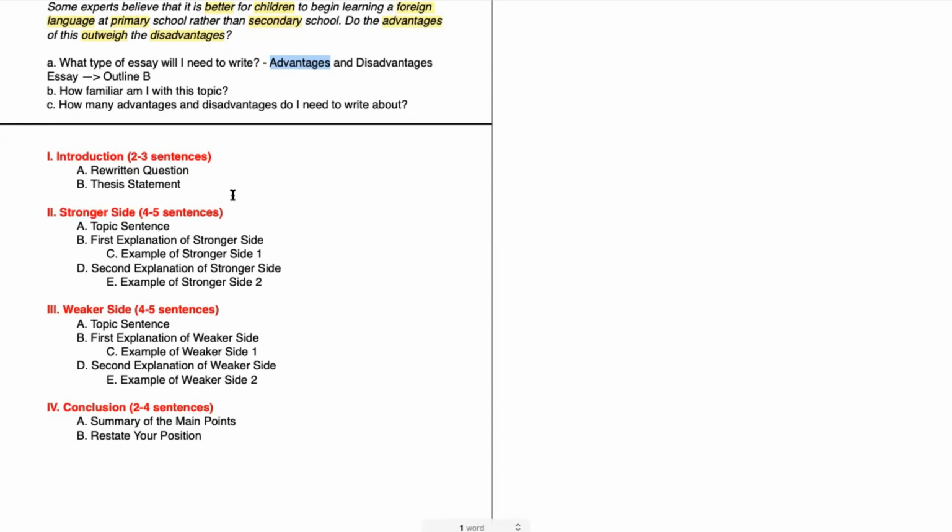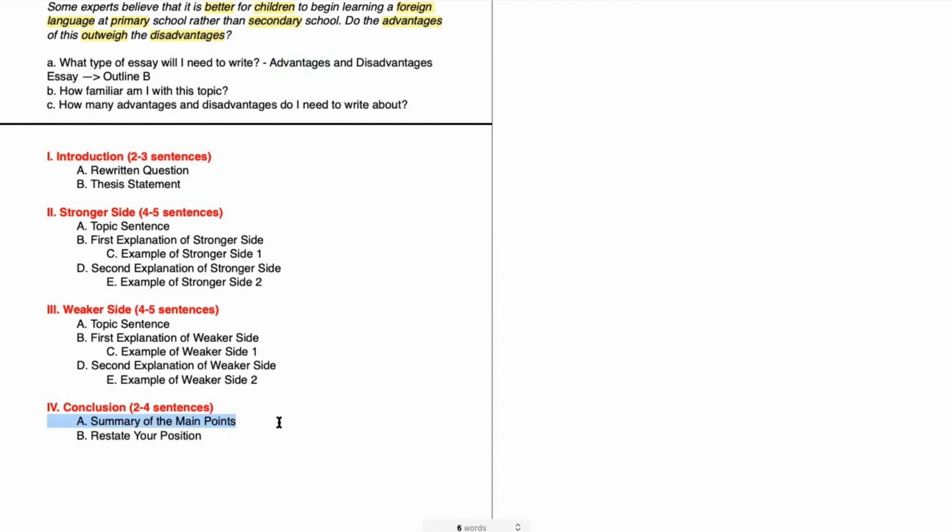This shows that you are clear about what you are arguing and how everything flows together. Notice how your introduction and your conclusion will be shorter. I have 2 to 4 sentences here in the conclusion because it depends on the points that you write. You might take 2 sentences to summarize the main points, but we'll look at that together.